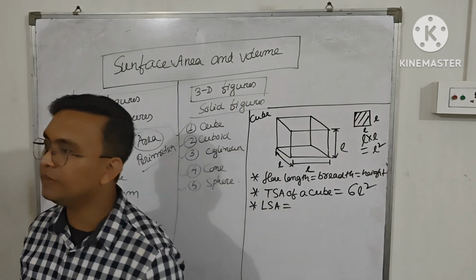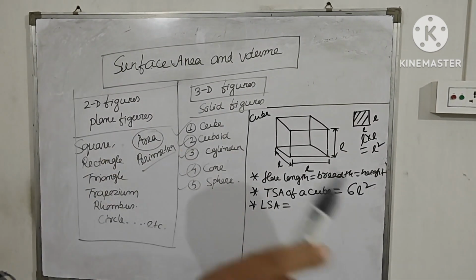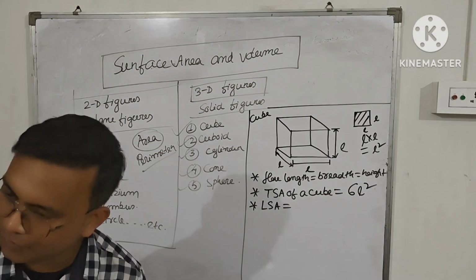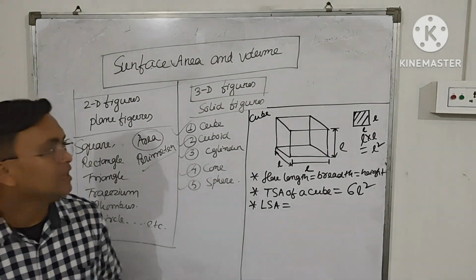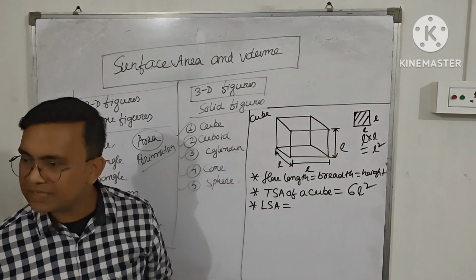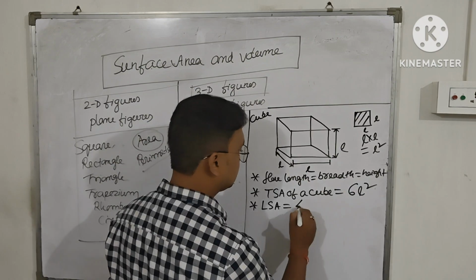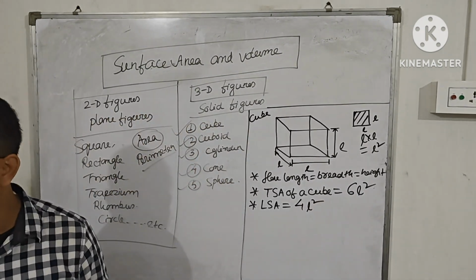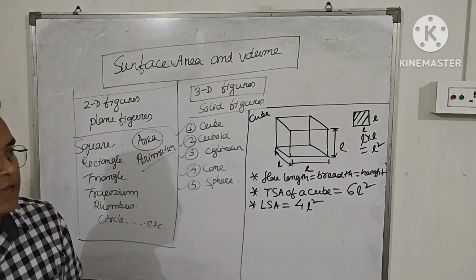Excluding top and bottom, remaining 4 surfaces around the cube are known as lateral surface. As we have learned, there are total 6 faces. If we exclude the top and bottom faces, then there will be 4 faces left. So lateral surface area is 4L square. Understood?